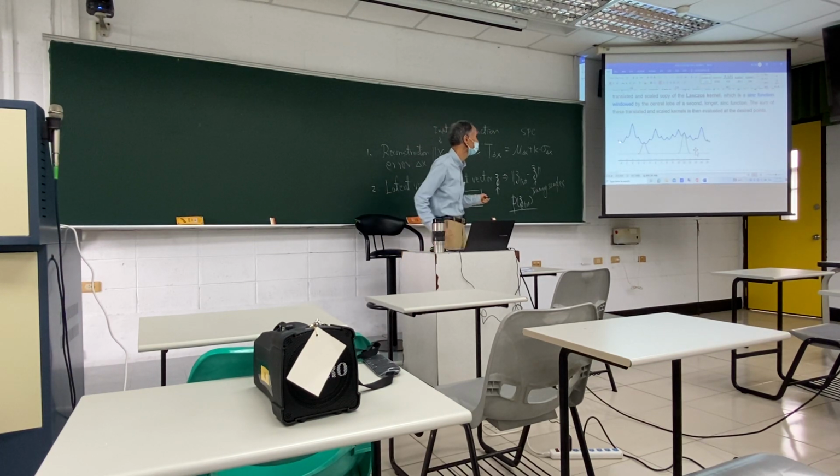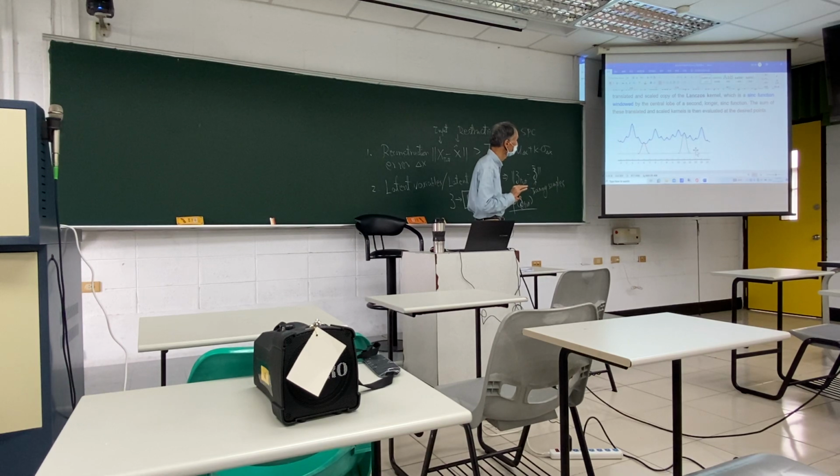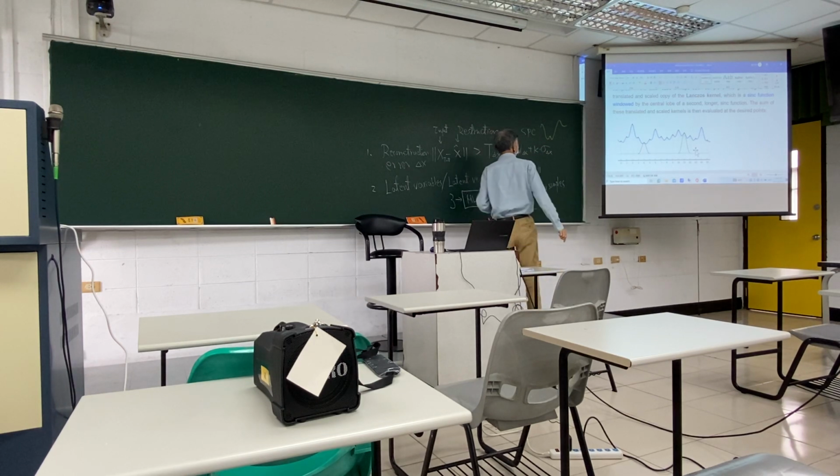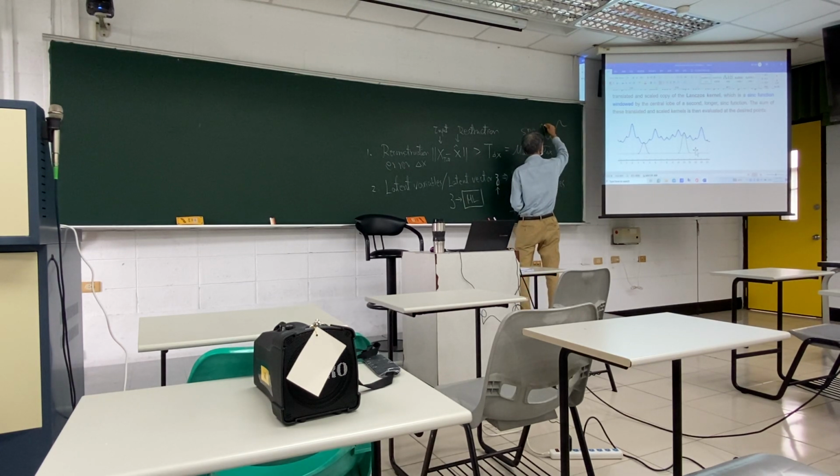Here's the idea. Take a one-dimensional example. If this is our profile or signal, then you use a lot of different sine functions to fit. Everyone follow me? You use a combination of sine functions. If you have this point and this point that you want to interpolate, for cubic maybe you will interpolate like this.